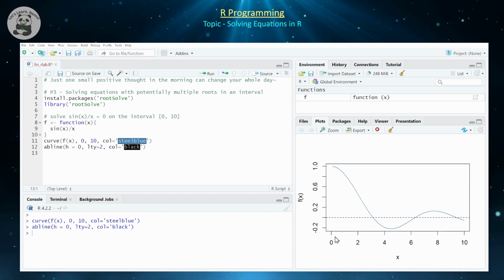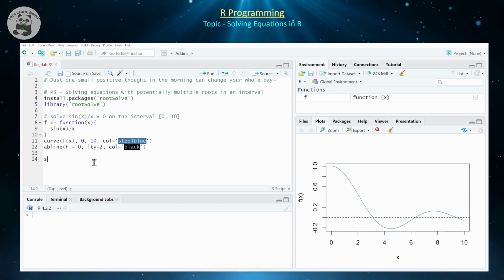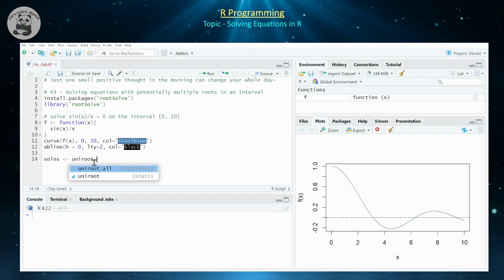So between 0 and 10, it appears that there are 3 solutions. One between 2 and 4, another approximately equal to 6, and another one close to 9.4, 9.5, something like that. So we're going to be looking for 3 solutions, so uniroot is not going to be the function that we want to use here. The function that we want to use here is going to be called uniroot.all.